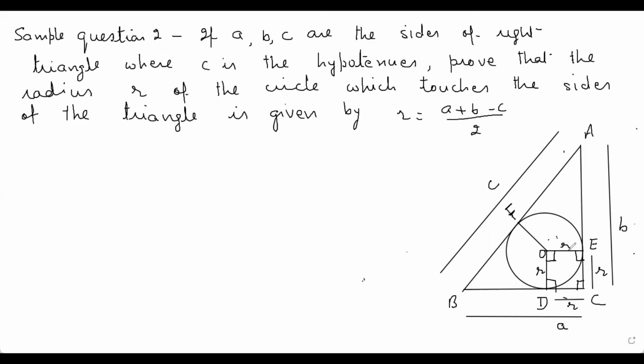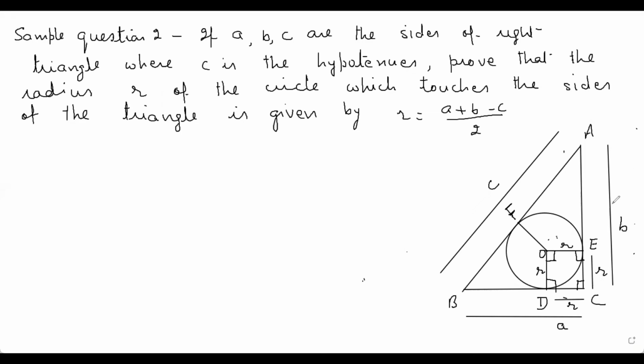If it is a rectangle, then opposite sides are equal. It means OE is R, then DC is R, OD is R, then EC is R. So EC and DC both are equal to R. One more method I have explained in part 1 in sample question 2. If you want to read that method, according to that method also, DC and EC both are equal to R.